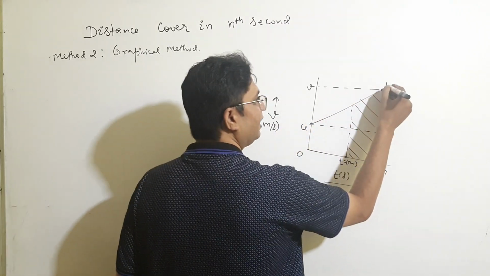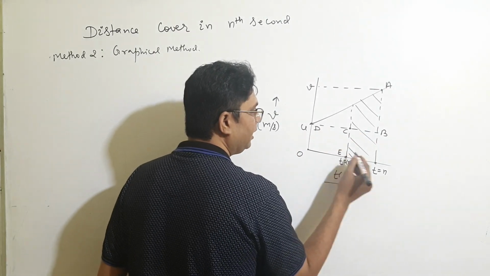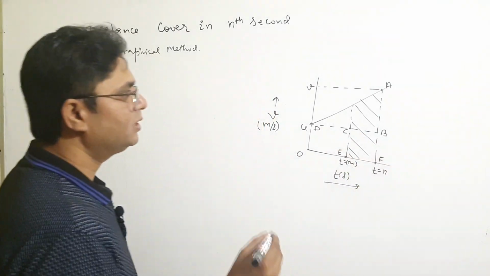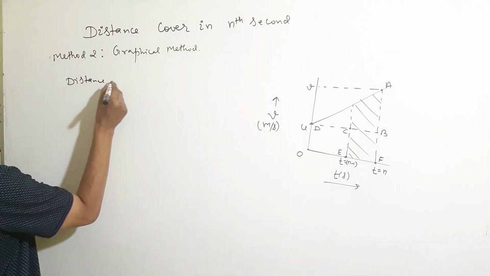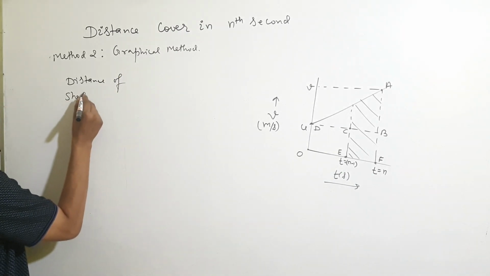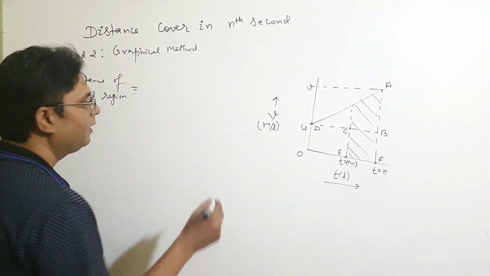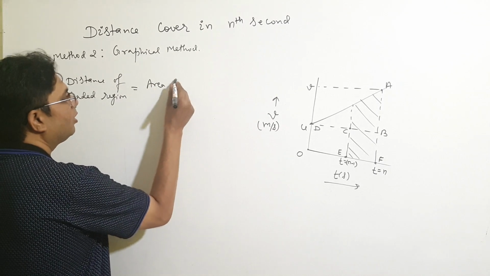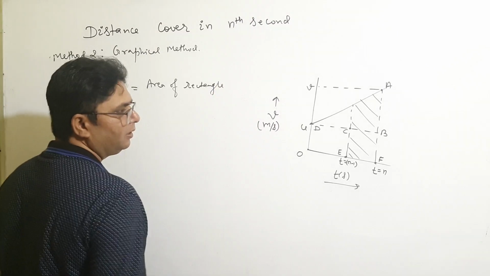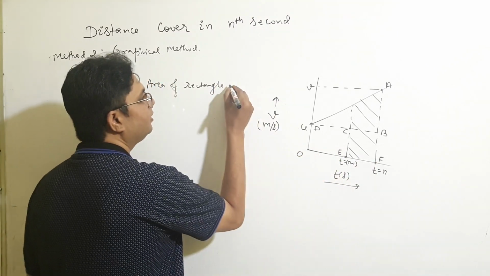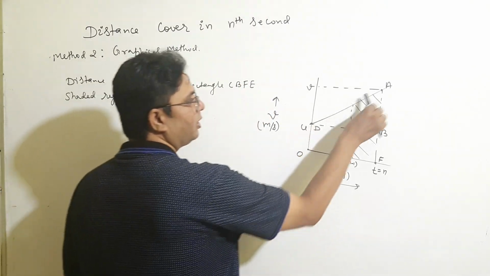So let us name it A, B, C, D, E, F. Now distance of shaded region is equal to area of rectangle CBFE plus area of this whole triangle.